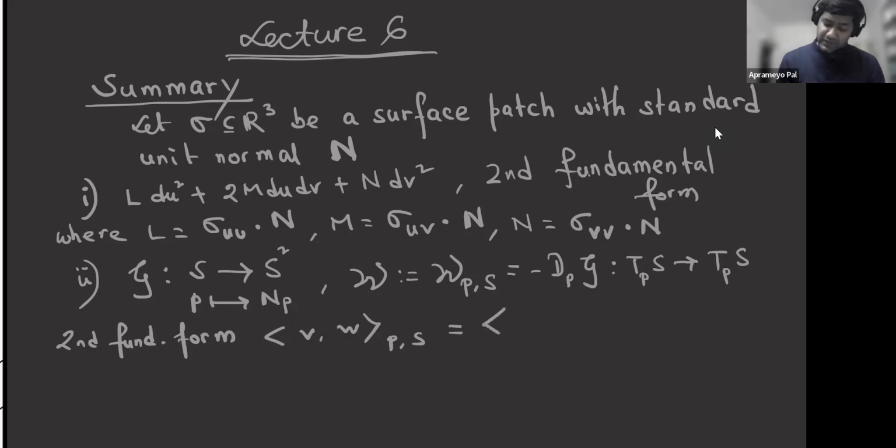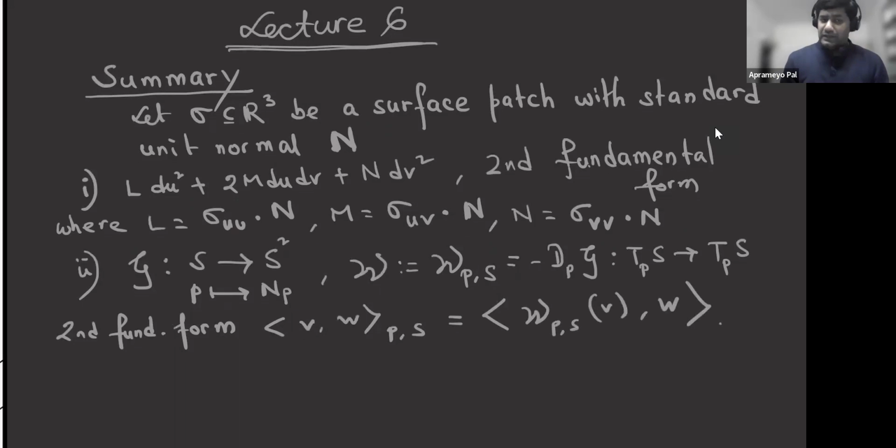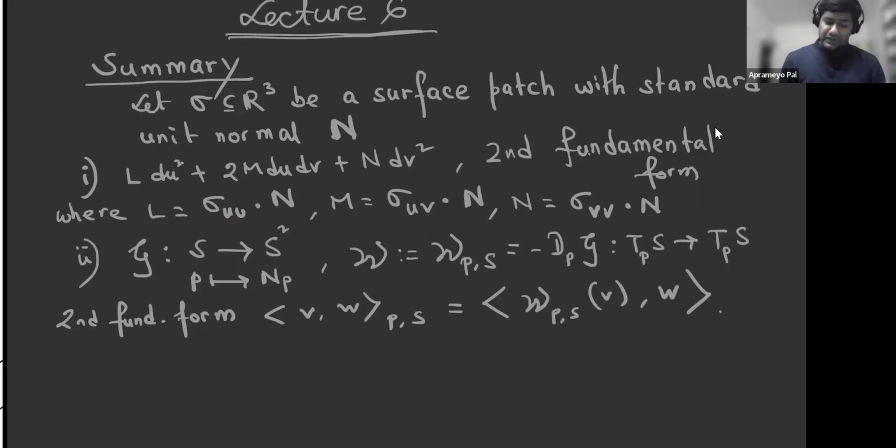This was nothing but the inner product of W_P(v) with w. One should immediately object: why do I call this also the second fundamental form, when I have already defined a second fundamental form? But this is coherent, because we saw that this definition is equivalent to the earlier one, since both of them give the same bilinear form.